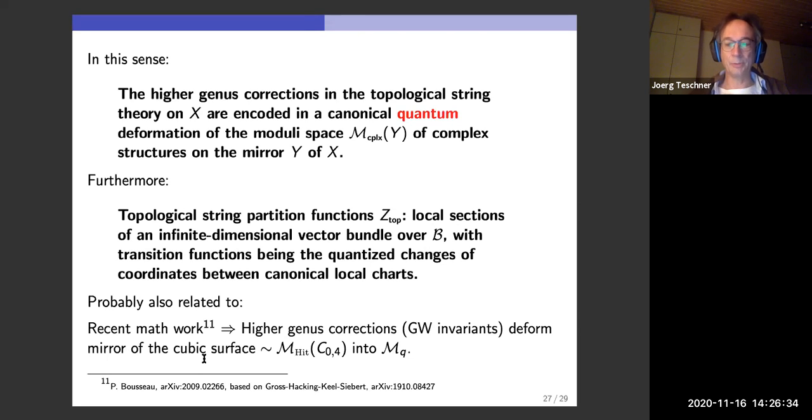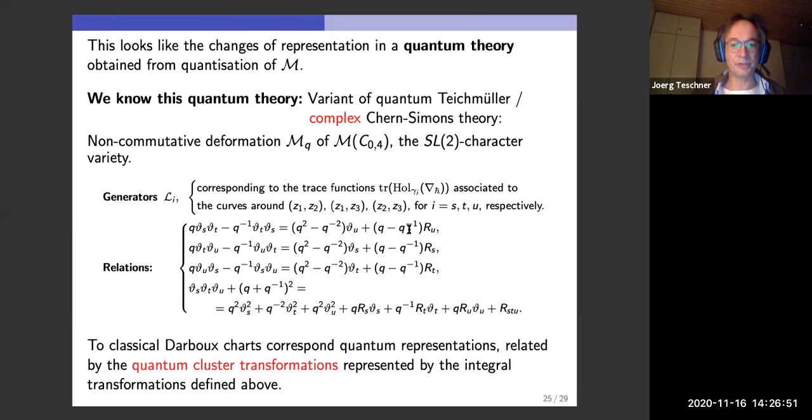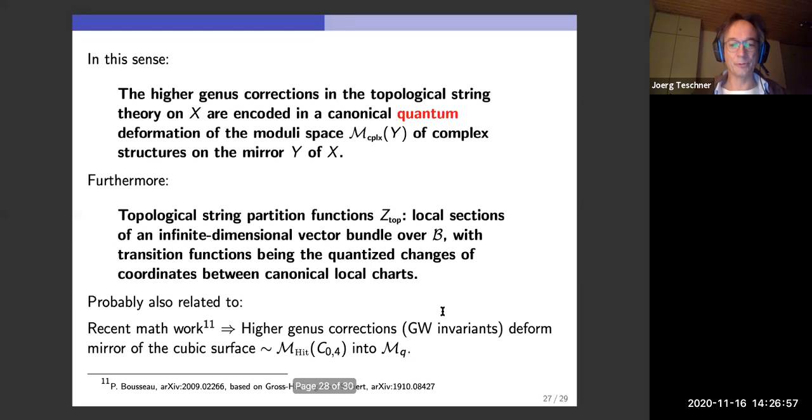So this is basically what, in terms of generators and relations, defines the mirror classically, and then adding higher genus Gromov-Witten invariants, it gives a non-commutative deformation. That is Bousseau's story. And he computes it for this example and finds this. So this is his main result, basically, in this paper for the cubic surface deformed by higher genus Gromov-Witten invariants.